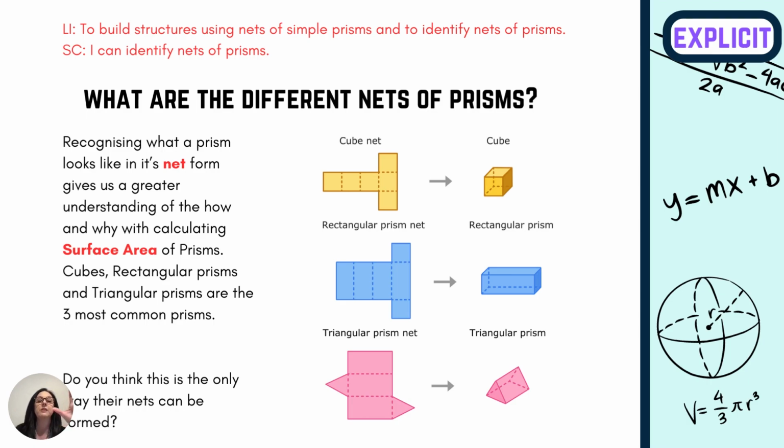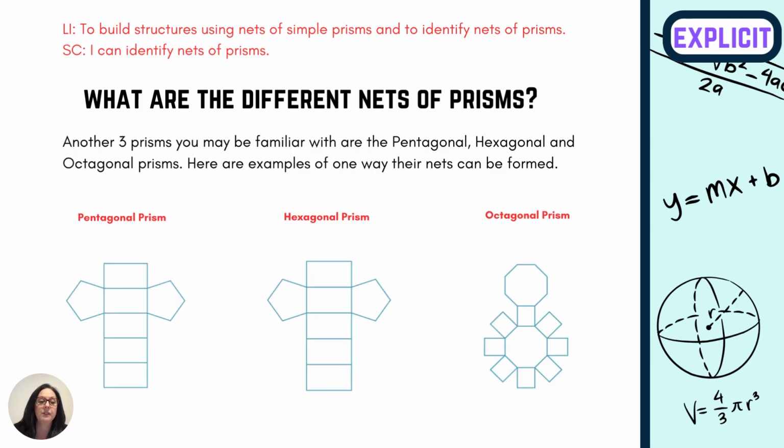So that is the reason why we need to multiply all of those portions of our surface to have our full surface area. So this is why nets are really important to have that understanding, and being able to identify the different nets will help you with that as well.